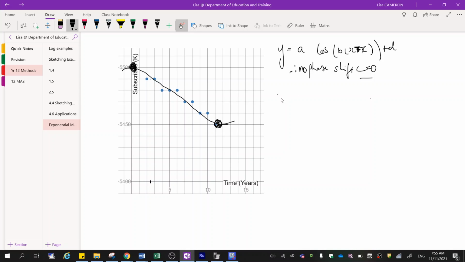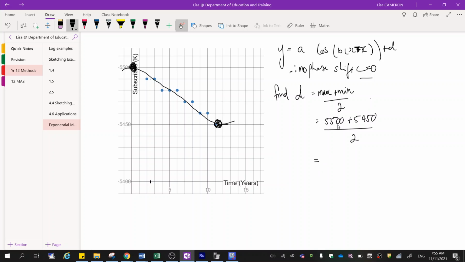So now we're going to do the next one. We are going to find the D value. In order to find the D, I'm going to do the max plus the min divided by 2. It's just the average. So our maximum value there is 5500 plus our minimum value 5450, divided by 2.